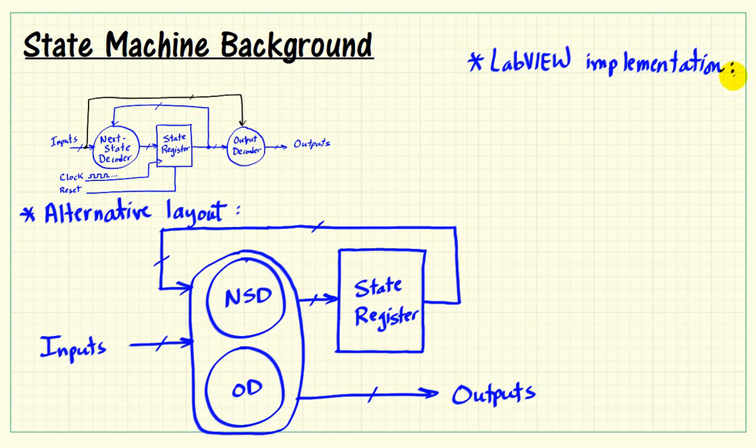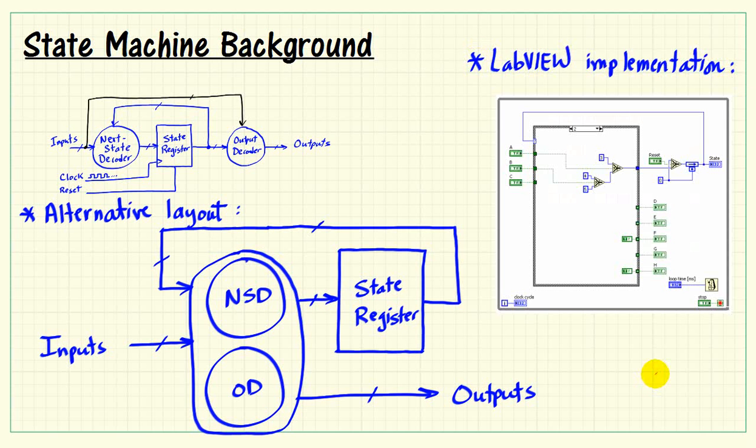Let's take a moment to consider the LabVIEW implementation. The state register is implemented by the feedback node. So this portion would constitute our state register. This combinational circuit is implemented by the case structure right here.